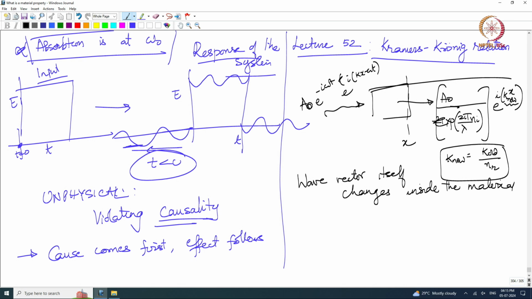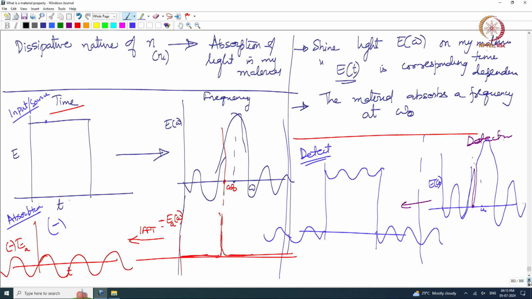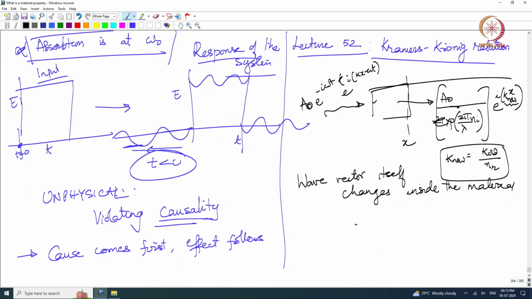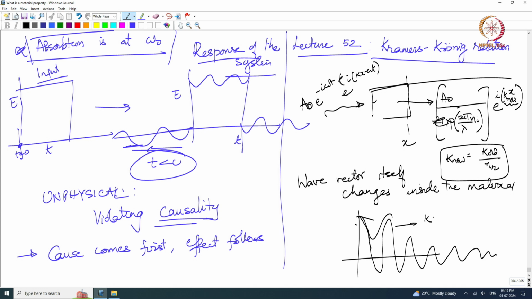This wave is propagating as well as attenuating, so within some attenuation length it propagates spatially and attenuates. If I look at the propagating wave vector, k is different from the propagating wave vector in vacuum. This is in vacuum, this is inside the material.